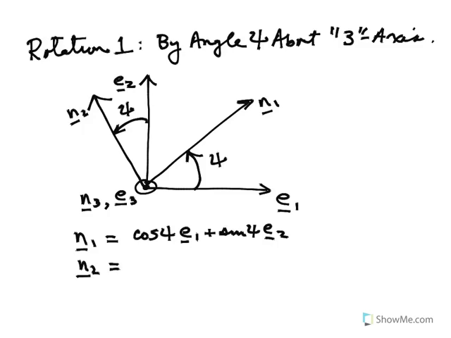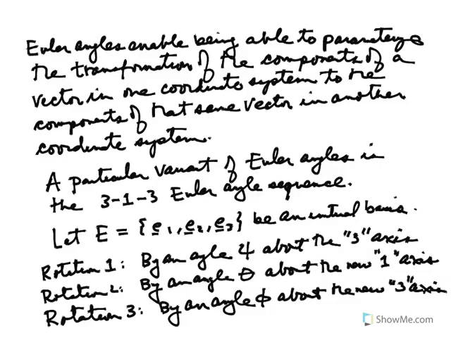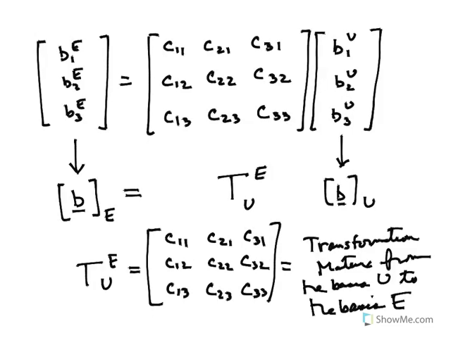N2 has a cosine component in the E2 direction and a minus sine component in the E1 direction. And N3 is equal to E3. But now let's look at the order in which I did things earlier, because that order is really important.